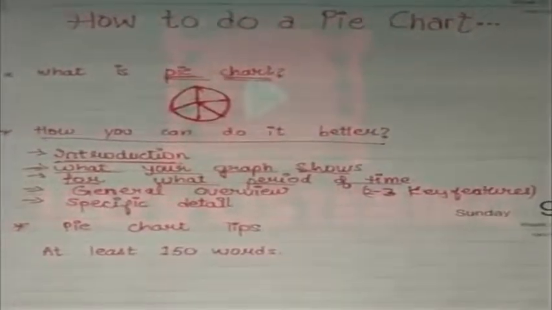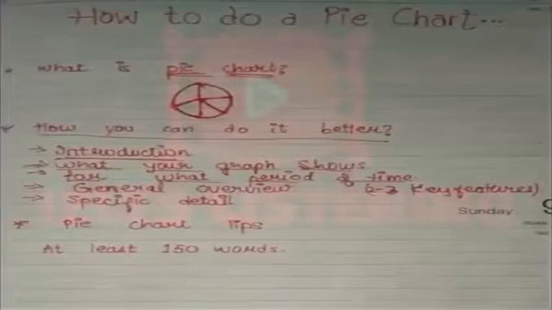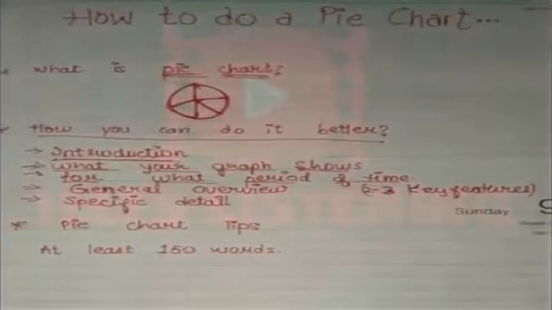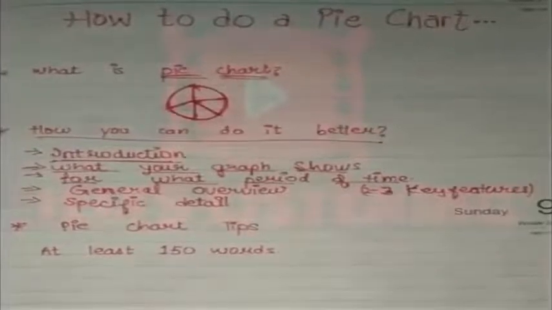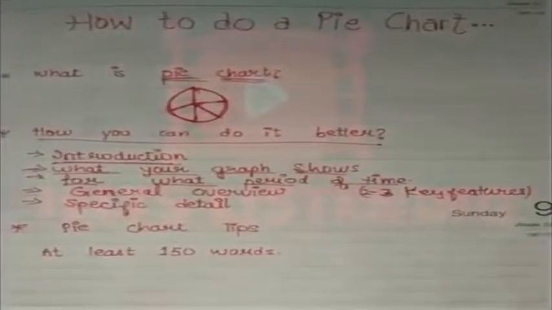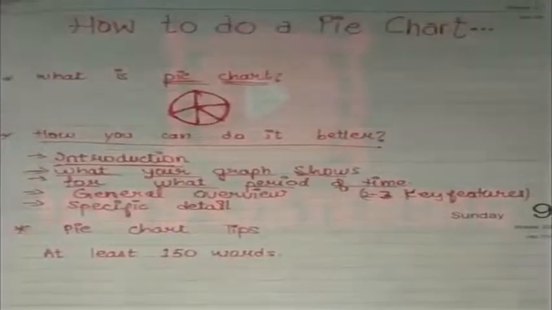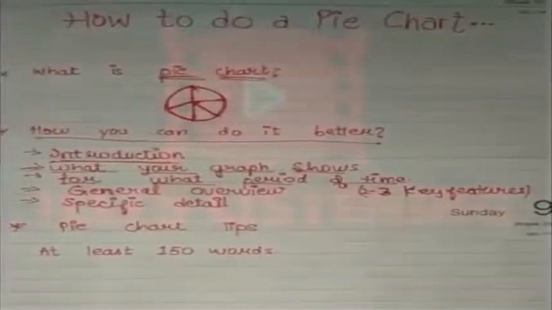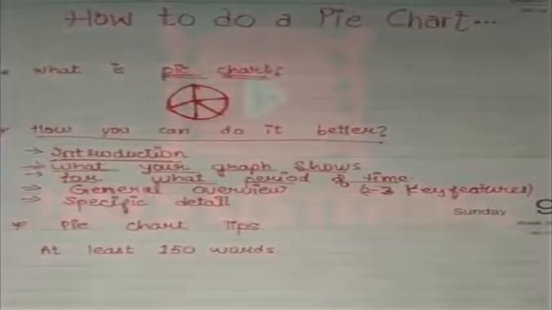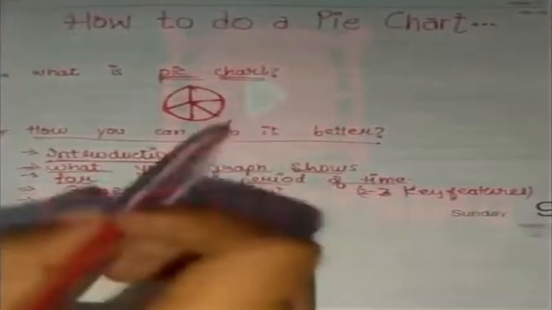And now the second is the overview. The second paragraph of your answer is the overview, where you briefly describe 2 to 4 key features of your chart. In our case, there are 2 main options to describe key features. Like if they tell you to find the biggest and smallest slice of each pie chart, you have to find which is the biggest slice and which is the smallest.